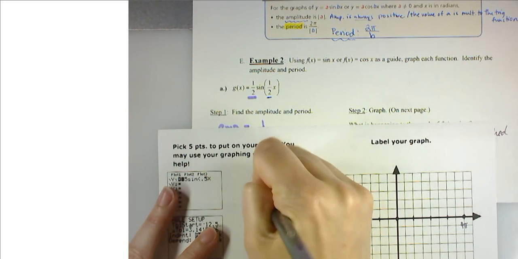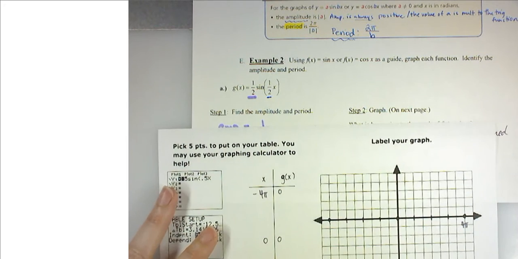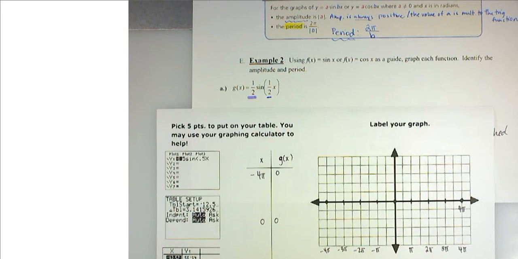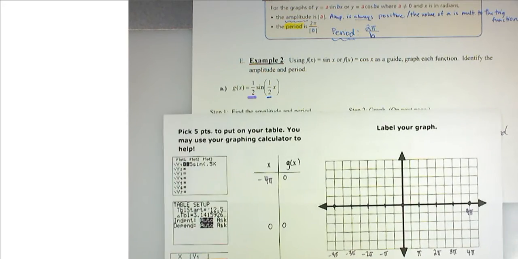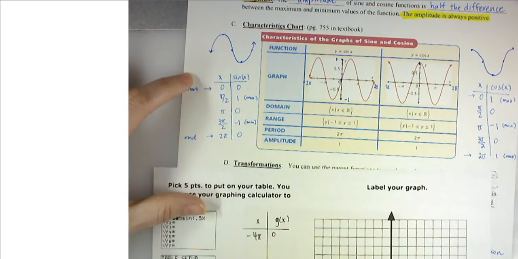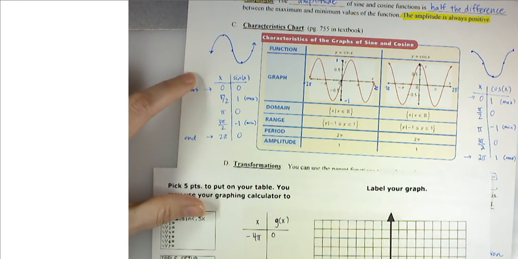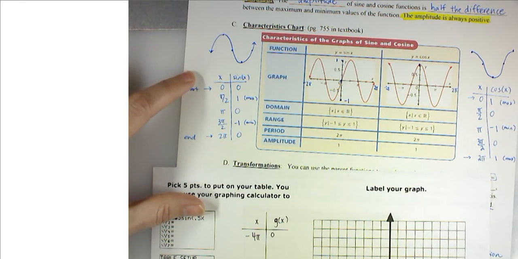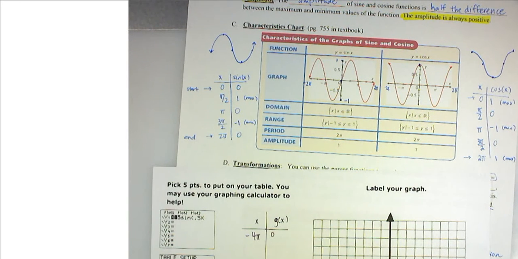We are going to prove that with our graphing calculator as well. Now for the sine function, halfway in between where you start and where you end, you also hit the middle mark. So if you start and you end at 0, halfway in between, you're also going to be at 0, which means at 2 pi, I should be at 0.